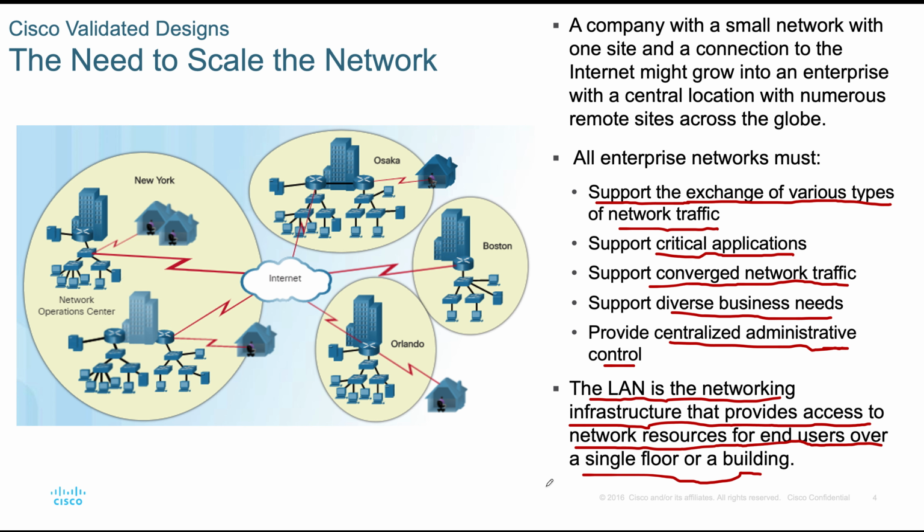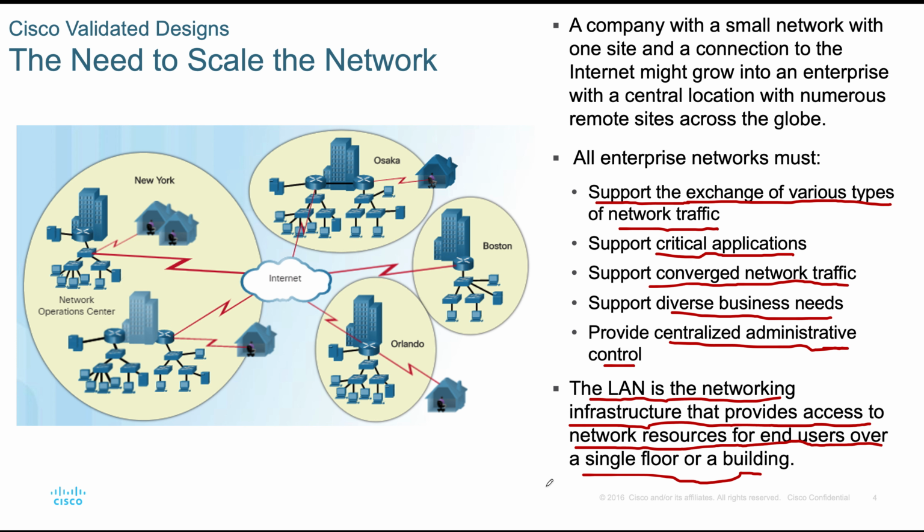If it's beyond a building, it's a scaled one, like a campus. You know, a campus network is beyond a building. You have multiple buildings in a campus, different faculties, different departments, which do not necessarily have to be in the same building.